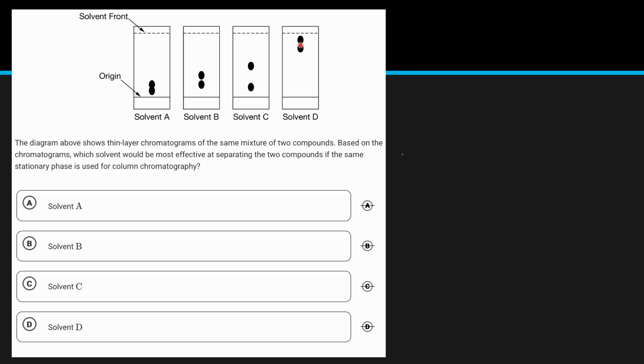However, in solvent C, the two compounds are going to travel at different rates and there is a clear separation in the middle of the plate. So in column chromatography, that means they will come out as separate fractions rather than mixed between fractions. So the answer for this question would be C.